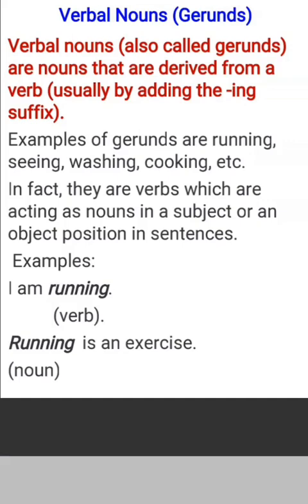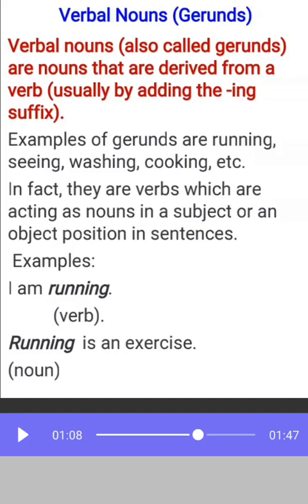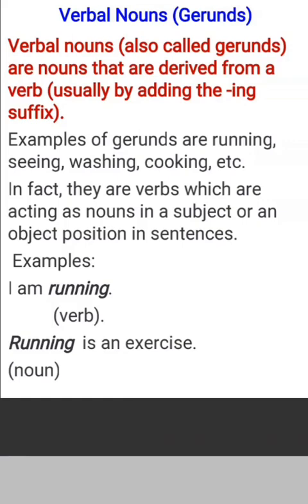That running is a verb because it's describing an action. You are running. But if I now change it for it to take the subject position, it becomes running is an exercise. So in that case, it is acting as a subject and is a noun because it's a name of a type of exercise or sport. And so the second one is the verbal noun, while the first one is just a verb.